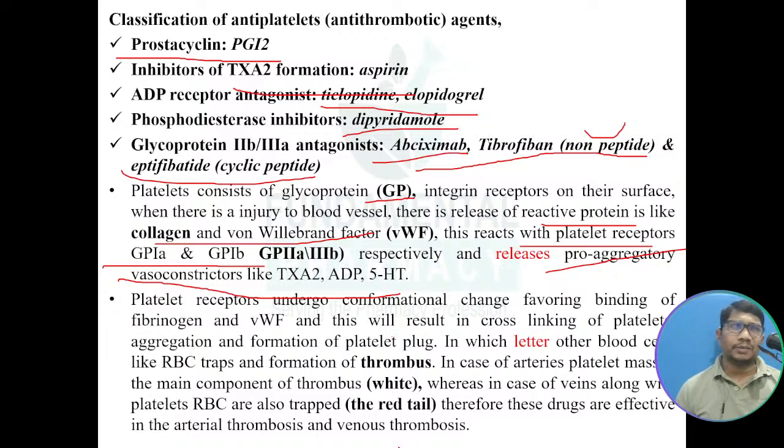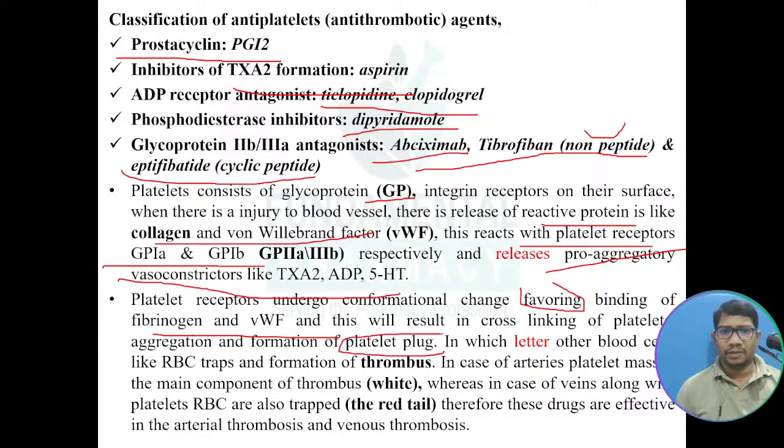The platelet receptor undergoes conformational changes, favoring the binding of fibrinogen and von Willebrand factor. This results in cross-linking of platelets, aggregation, and formation of the primary platelet plug.